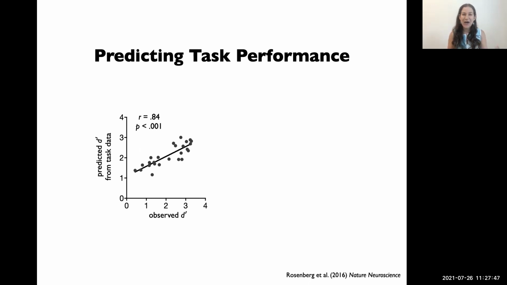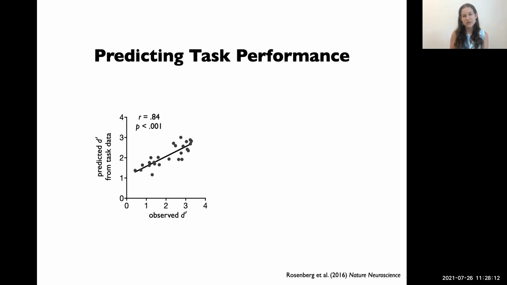I started this talk by proposing that we can use functional brain connectivity to help understand individual differences in sustained attention. But you might be thinking, if we have to give an individual a continuous performance task for about 36 minutes in the scanner in order to measure brain connectivity during the task, in order to predict task performance, what's the added benefit of functional MRI here?